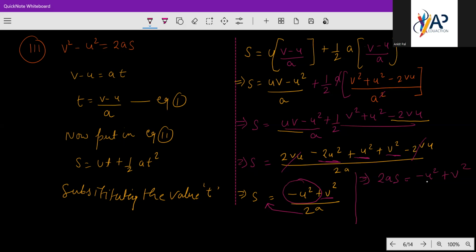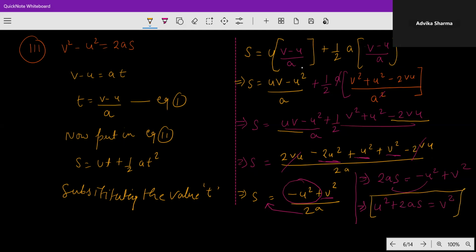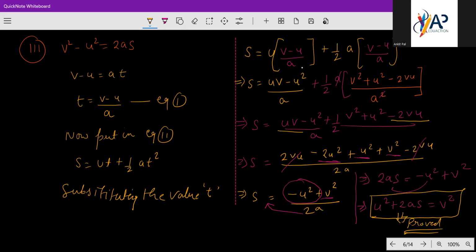If we take this value here, then we can say u square plus 2as is equals to v square. Hence proved. Is there any doubt regarding these equations of motion? No. Very good.